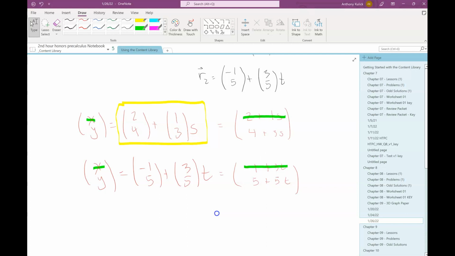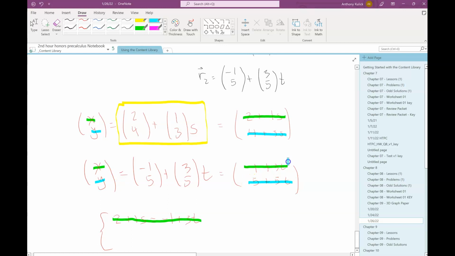Everybody agree with that? So I can say 2 plus 1s has to equal negative 1 plus 3t. And I can do the same thing for the y's: y has to equal 4 plus 3s, and y also has to equal 5 plus 5t.